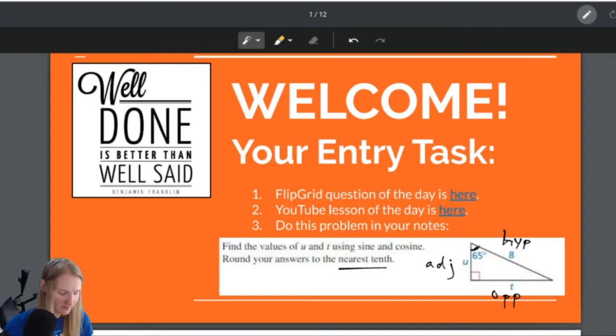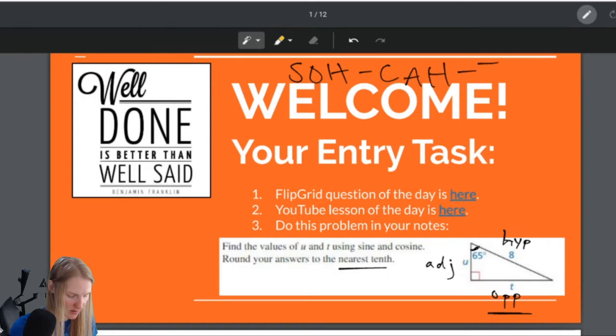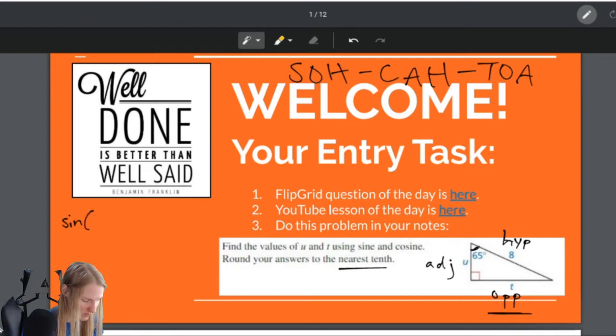Perfect. So now, to find t with my opposite, I'm going to put SOHCAHTOA nice and big at the top. Write this everywhere on any of your trig stuff, because it helps you remember. So, sine of 65 degrees is opposite over hypotenuse.